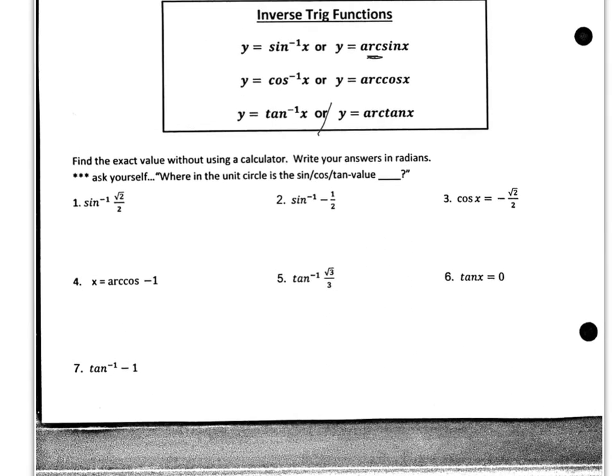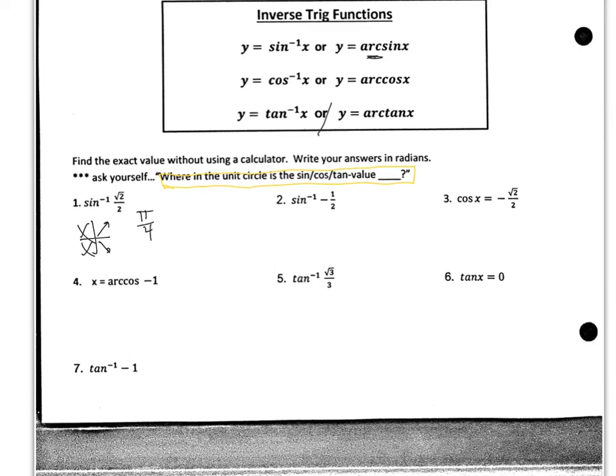So the question right here, I think this is a good one. This is what you want to ask yourself: where is whatever happening? So where on the unit circle does the sine equal radical 2 over 2? Now remember, sine is only allowed to go here or here. You're not allowed in these two quadrants. So that is at pi over 4.